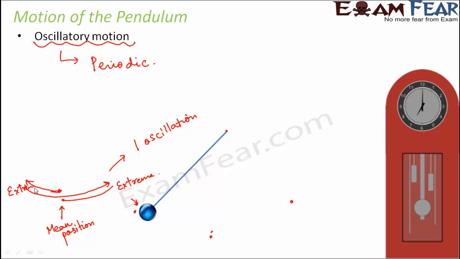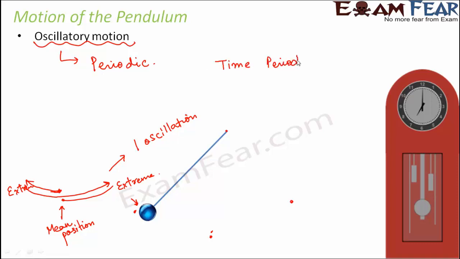If you look at this motion, one oscillation means from here till here and again coming back to here. This one oscillation keeps on repeating. That is why it is called periodic motion, because it takes place at periodic intervals of time, and the time taken to complete one oscillation is known as the time period.